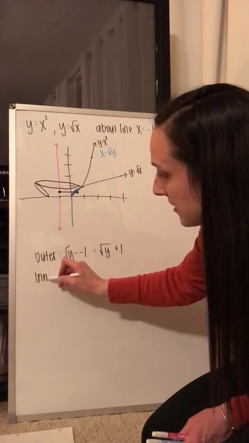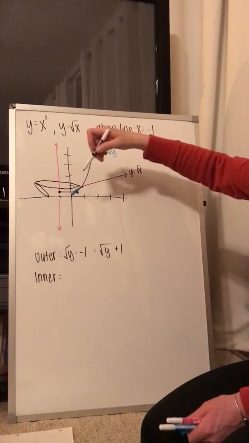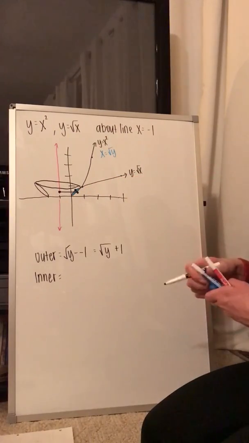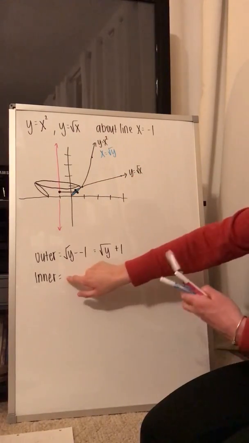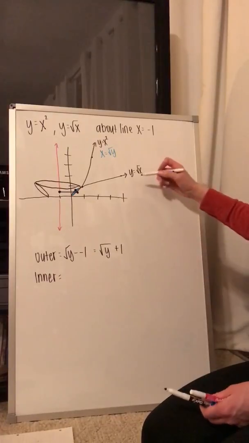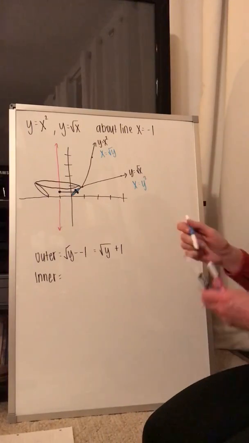My inner radius is a shorter radius, so it's going to be the inside function. So my inside function here is y is equal to the square root of x, but again, when I'm plugging that into my radius, I need to make sure that it's in terms of y. So if I square both sides, that's telling me that x is actually equal to y squared.